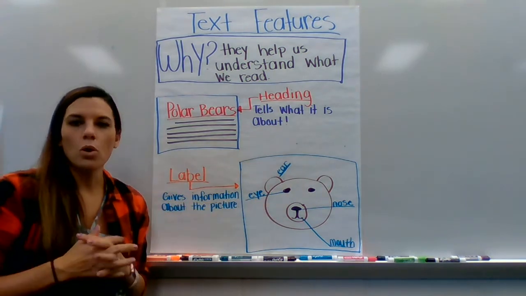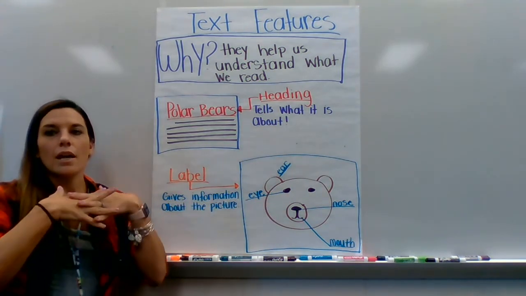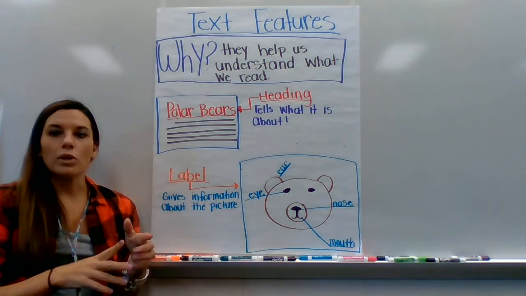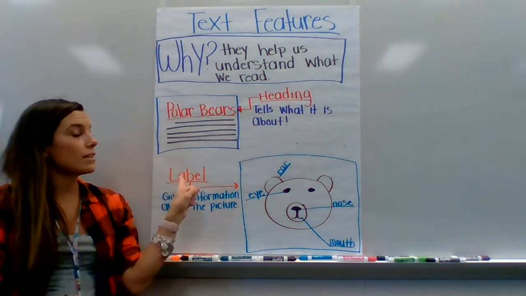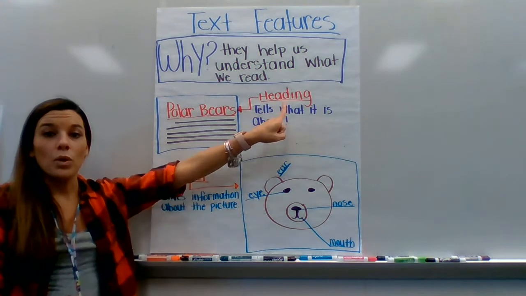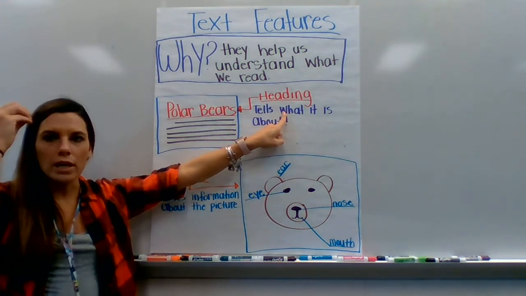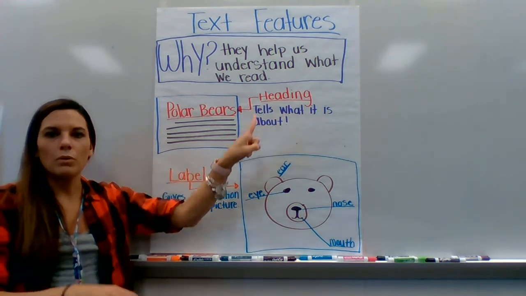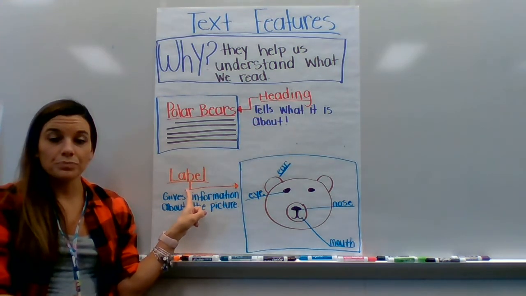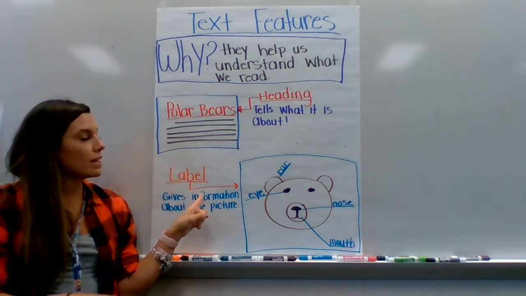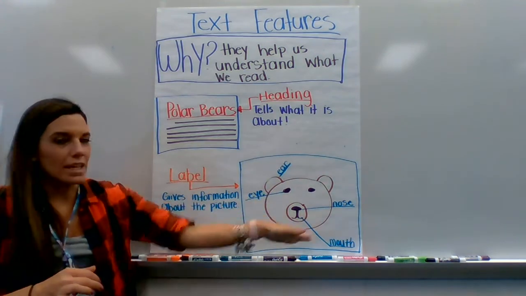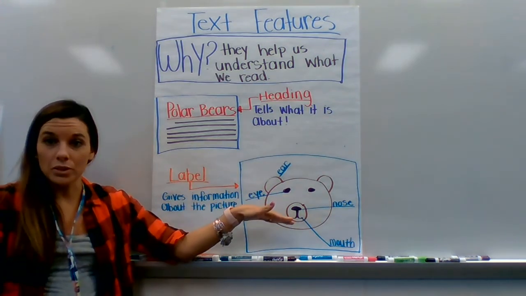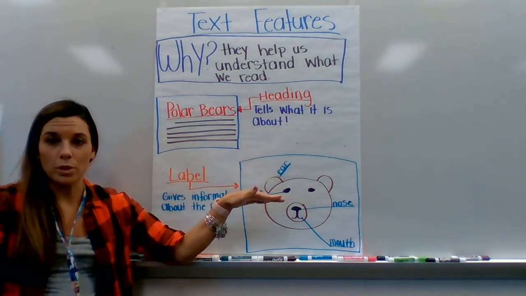So it's very important when we're reading an informational text that we are paying attention to the headings and the labels, because when we read the heading, our brain is going to know this is what you're learning about today. When we read labels, it's going to help us actually see a visual of what we learned, and it's going to label the different parts.